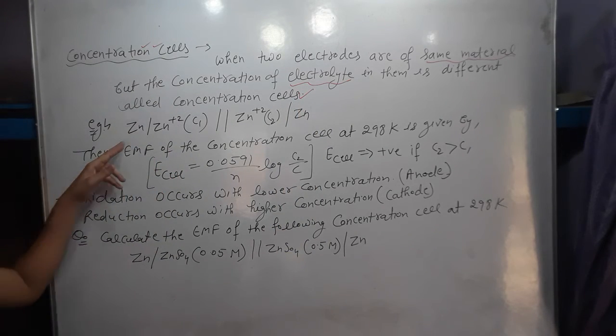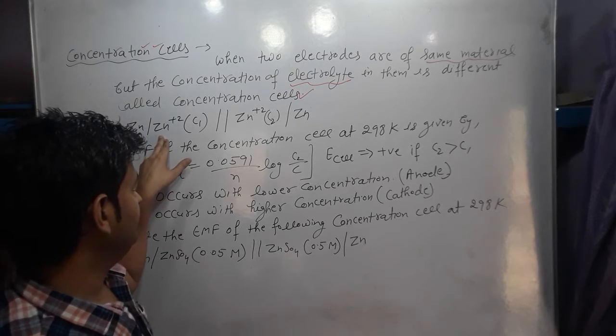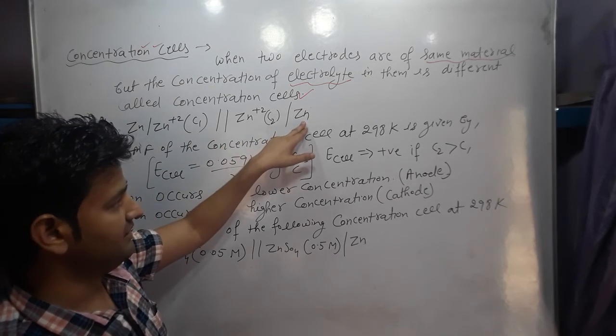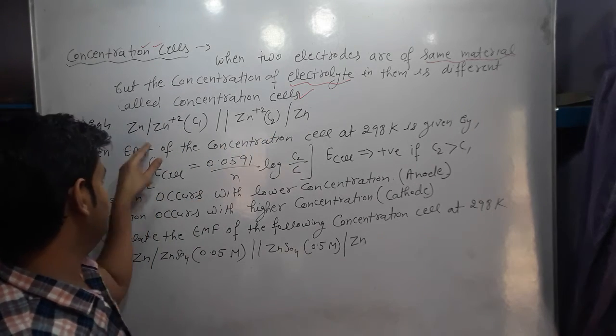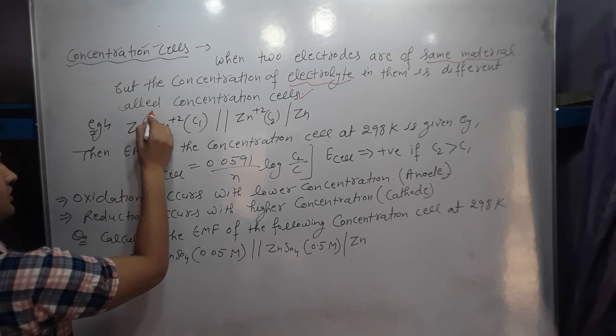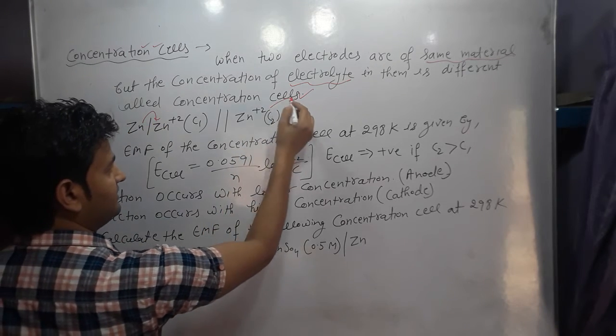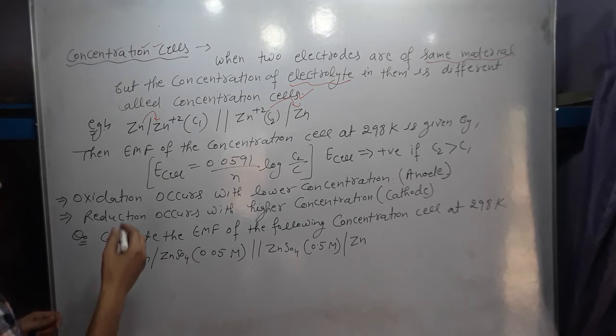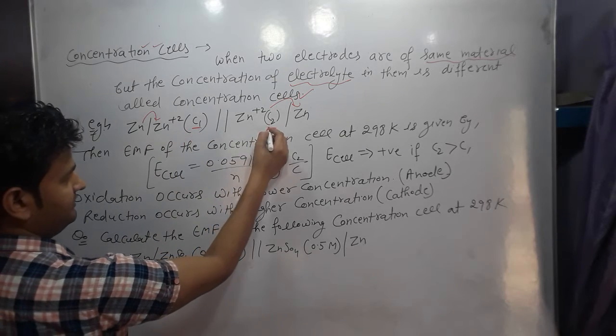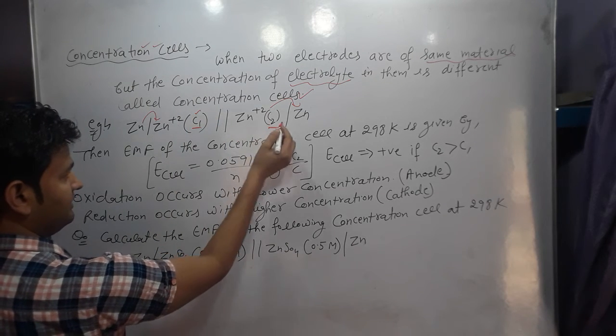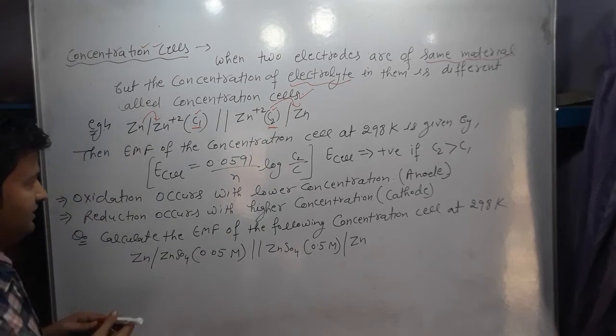For example, for zinc, we take zinc and zinc ions. In the first case zinc undergoes oxidation and in the other zinc ion undergoes reduction, but the concentration is different. The zinc ion concentration here is C1, in this case it is C2.